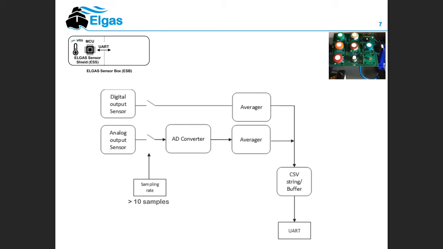So all the sensors are controlled by the sampler. We have a sampling rate, which in this case is more than 10 samples. But I just want to clarify that this sampling rate for the sensors in the sensor shield is the frequency at which we read the sensor during one sampling period.